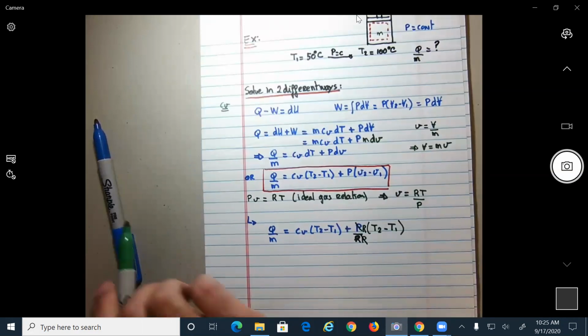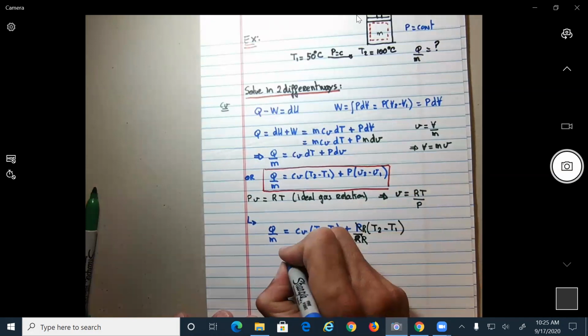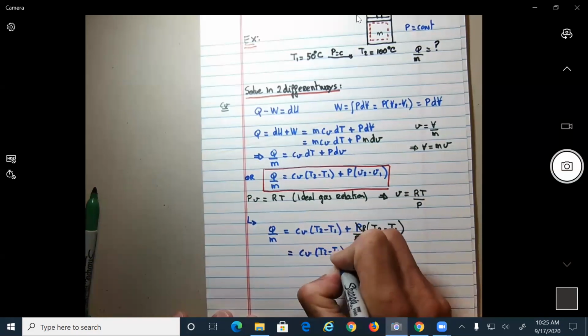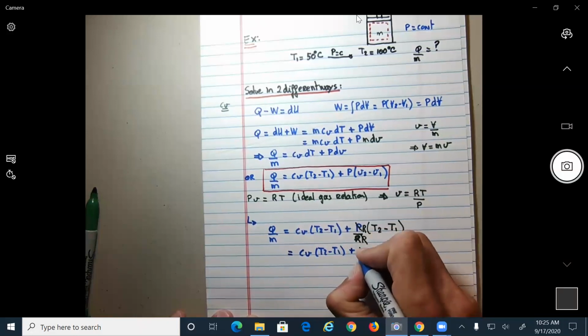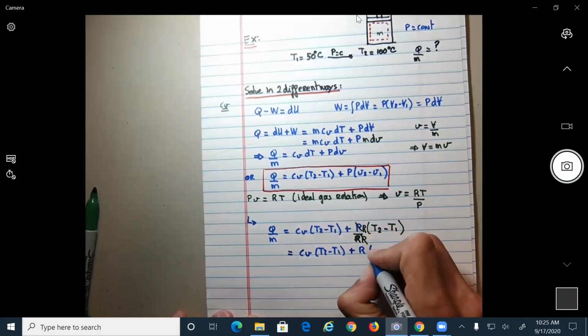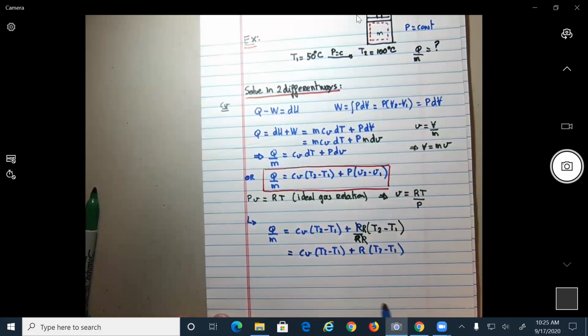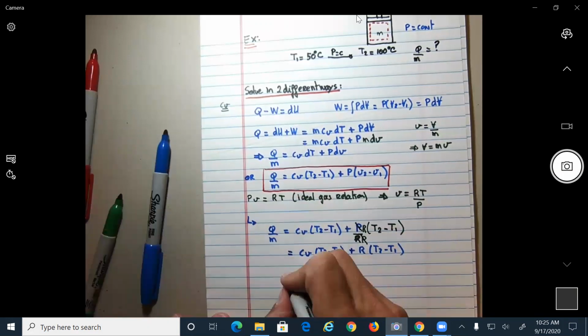So over here, if you just rewrite this, you end up with what? CV, T2 minus T1, plus R, T2 minus T1. Or this would be equal to what?